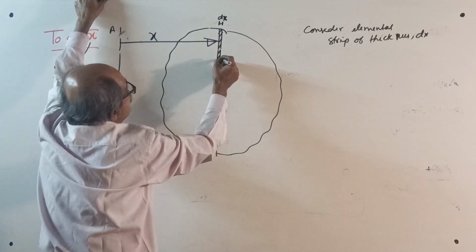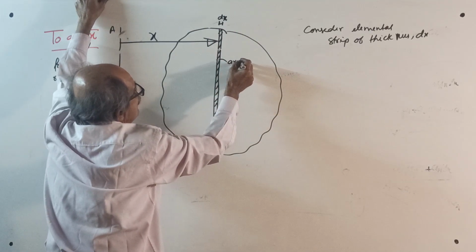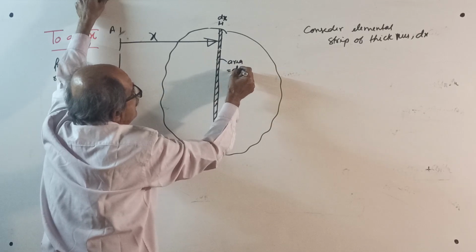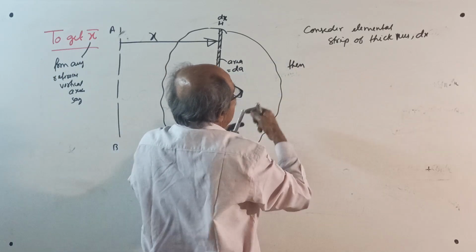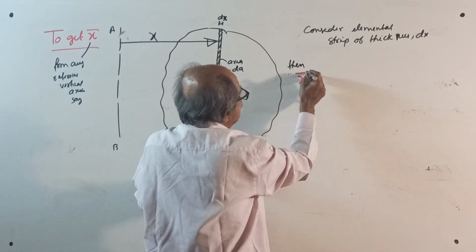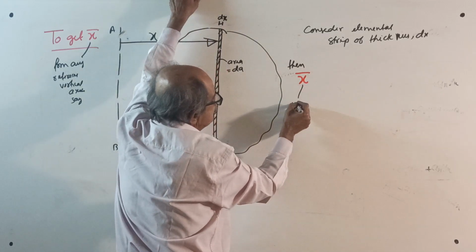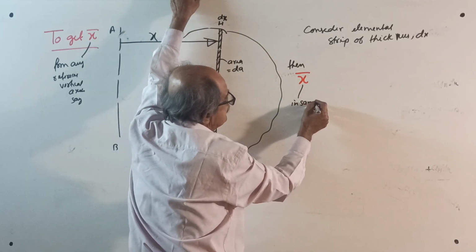The strip area is equal to dA, the elemental area dA. Then x bar, in the same direction as x.